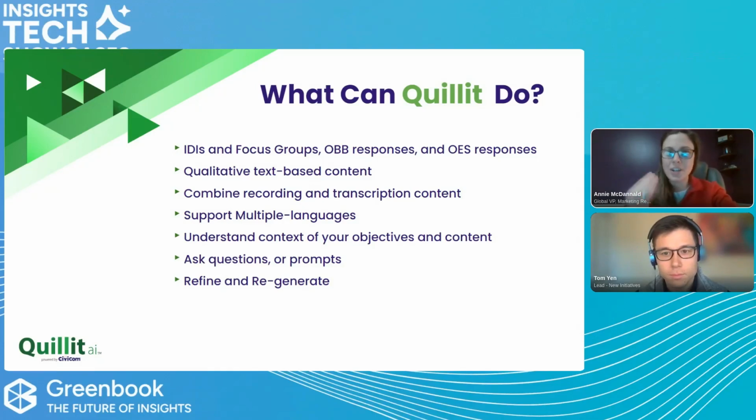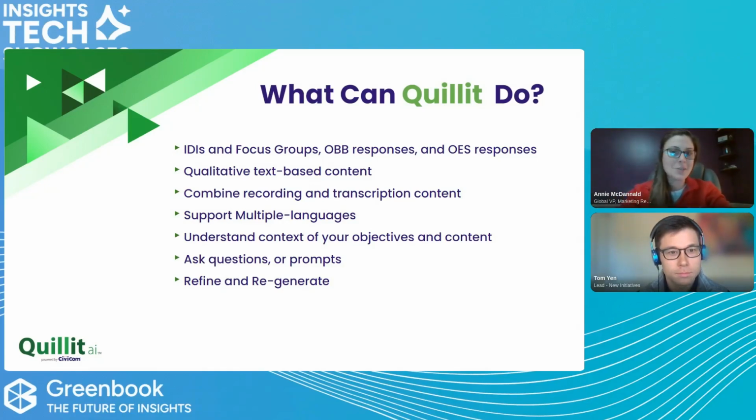It's exceptional at understanding conversational context and natural language, and takes that into consideration in context of your objectives and your content. You are able to also ask a variety of questions or prompts. It gives you an initial summary and then follows that up with answers to any questions that you may have about your research content.